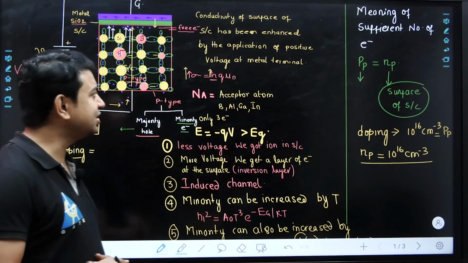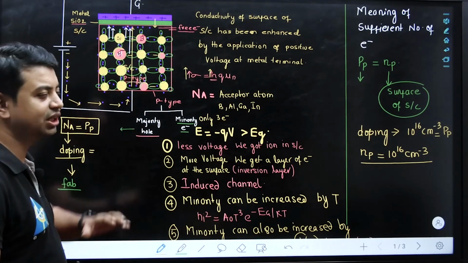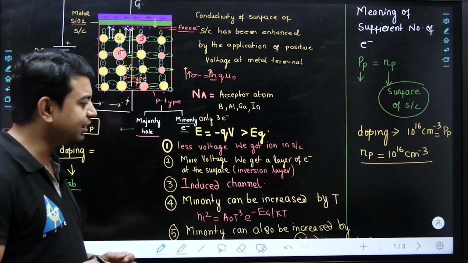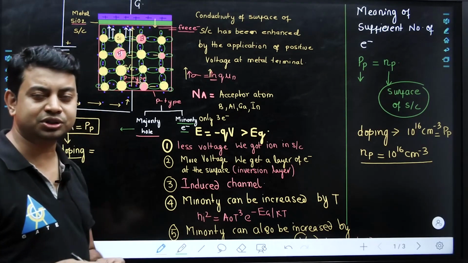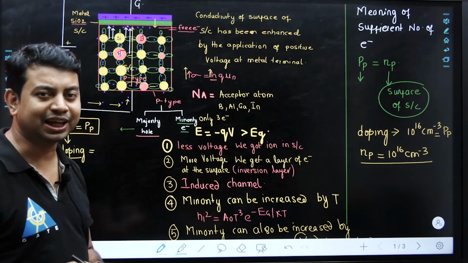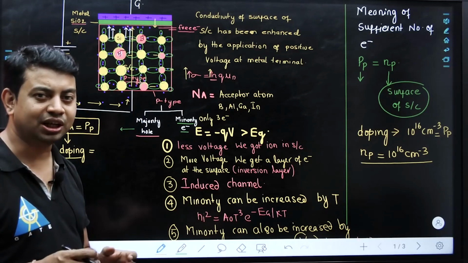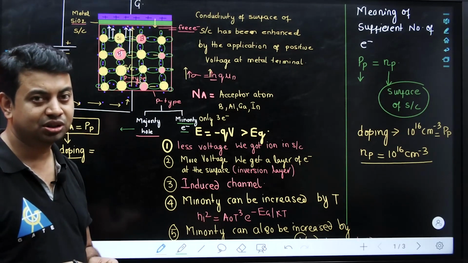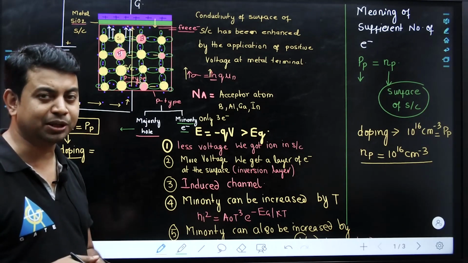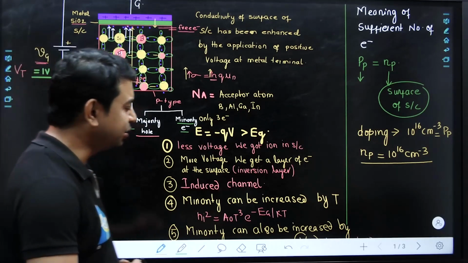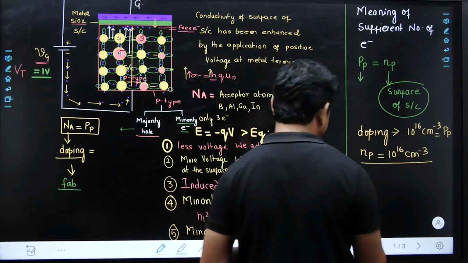So this is actually called the inversion layer. So a MOSFET, which we are fabricating to construct a dependent current source, and for constructing a dependent current source, we need to understand that the current must depend on the voltage.